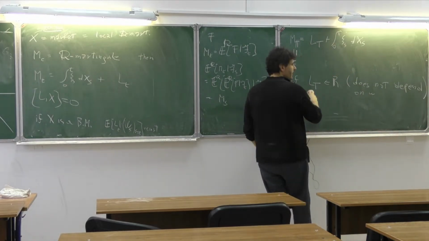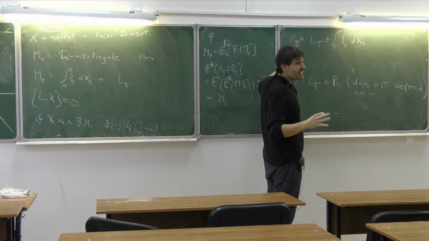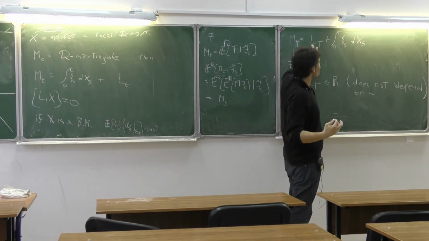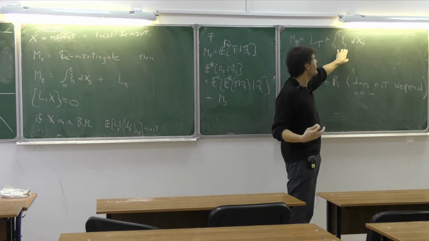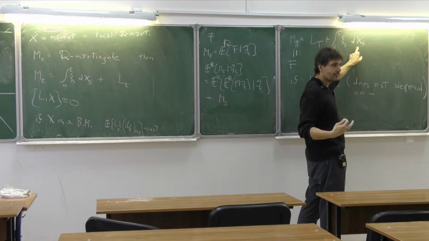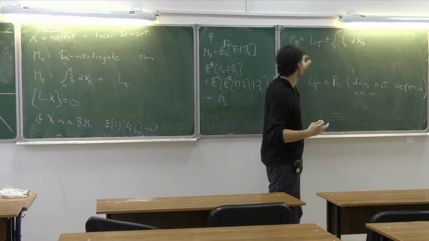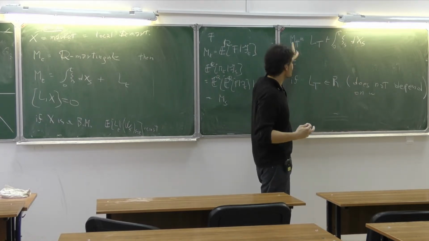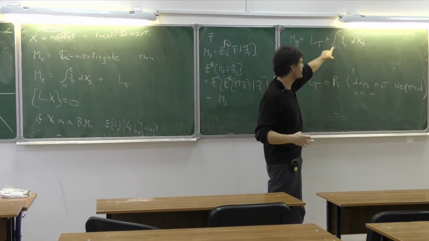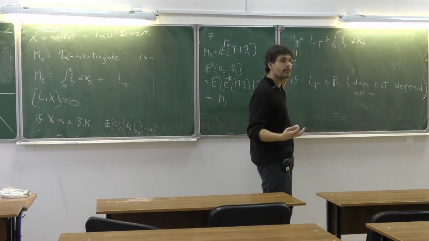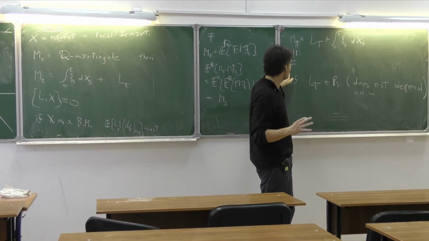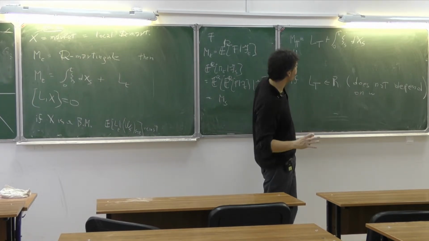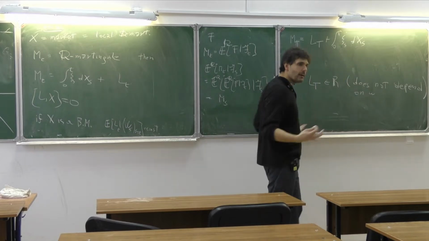If L_T is in R, so if the contracts have this property that this remainder is just a constant and does not depend on omega, that's a property of the market. If you want every contract to be written in this way, for instance if the market was a Brownian motion, it's fine. In general, however, it's a property of F and X. But say there are many such contracts.